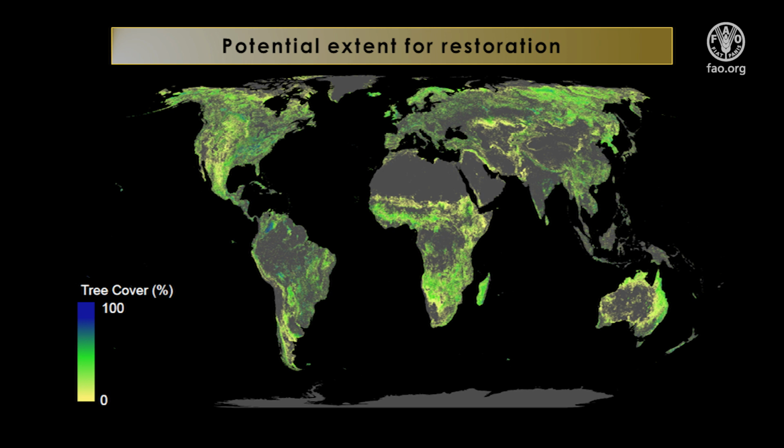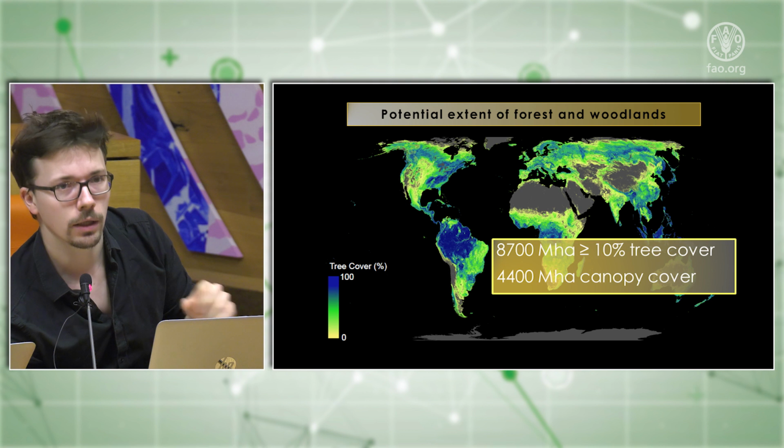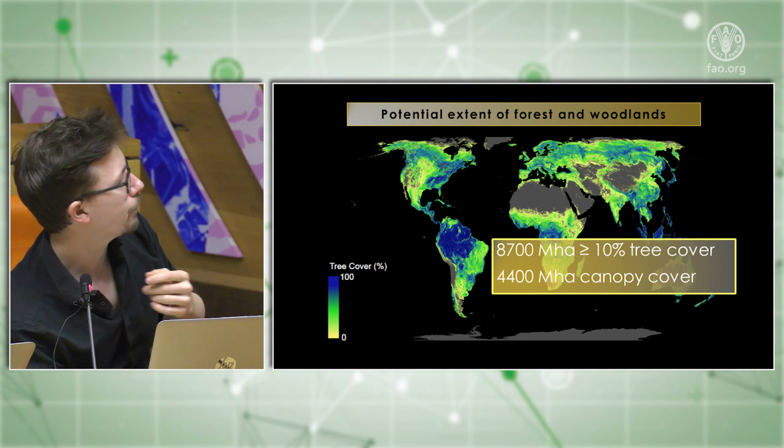If you convert this map into numbers, this represents about 8,700 million hectares of area that could present more than 10% of tree cover. So this is about twice as much as what we have today on the planet.